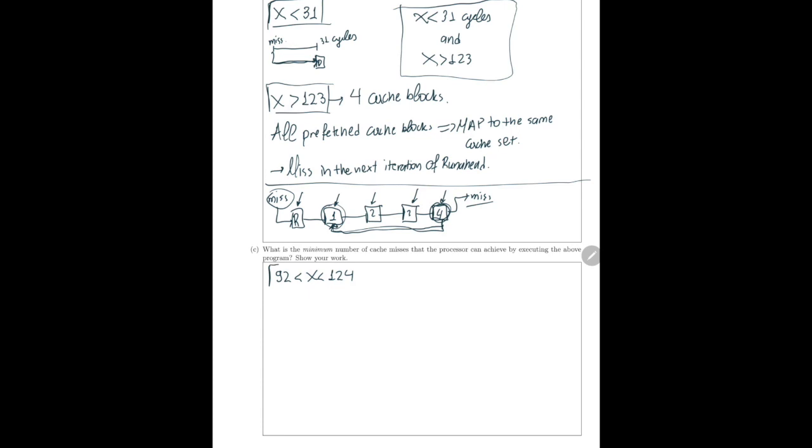Because if we have something below 92, we will prefetch 2, and greater than 124, we will prefetch 4, and we will miss always, as we showed in the previous exercise. So in this case, Runahead will prefetch 3 cache blocks.